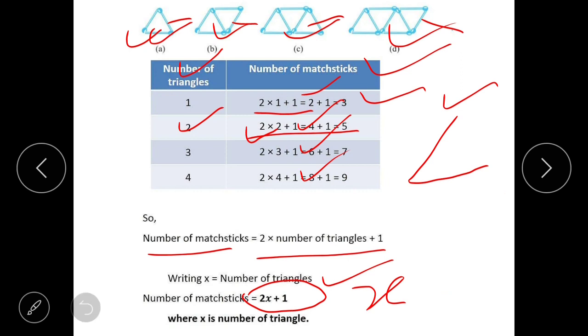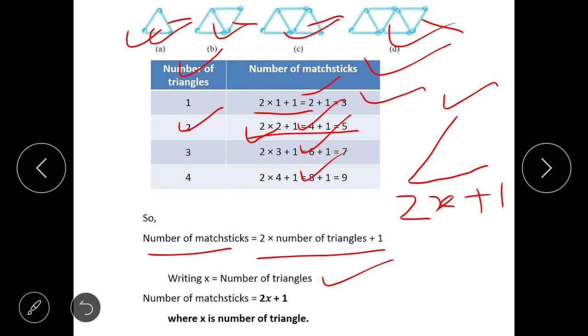Now you can find, with the help of this general rule, the number of mastics required in any given pattern. For example, if I had to find the number of mastics required in the 10th pattern, how can I write it? That is 2x plus 1.